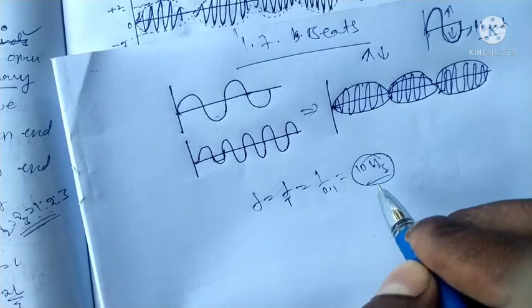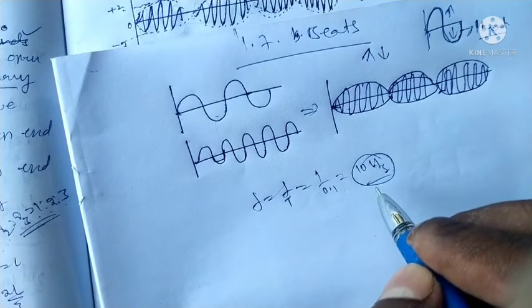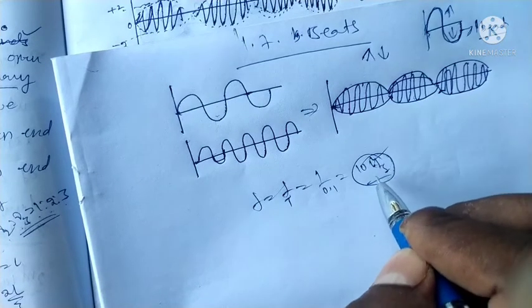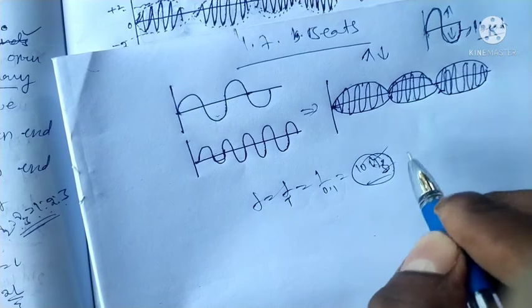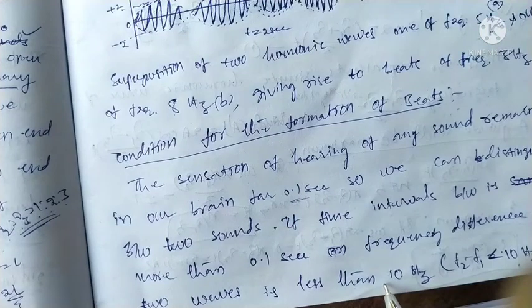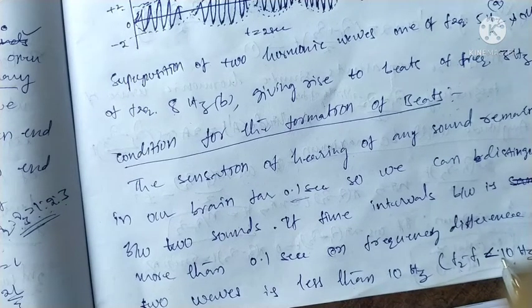This is the range of human hearing for distinguishing sounds. If the frequency difference between the two waves is less than 10 hertz, that is f2 minus f1 less than 10 hertz, we can identify the sounds.